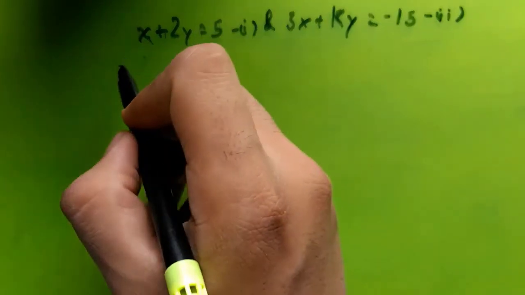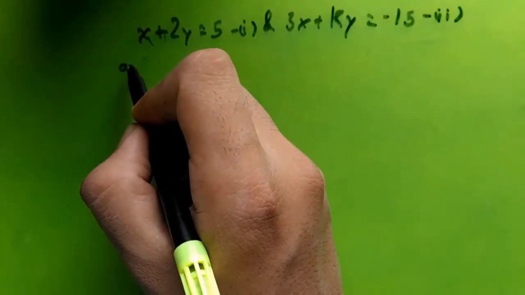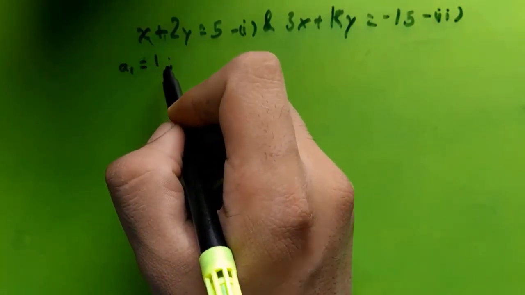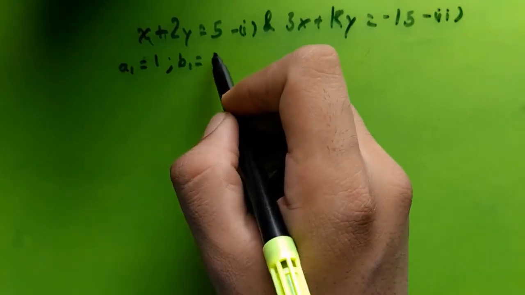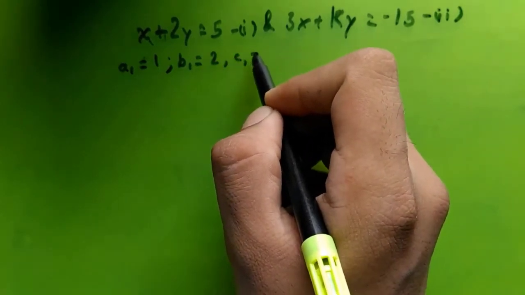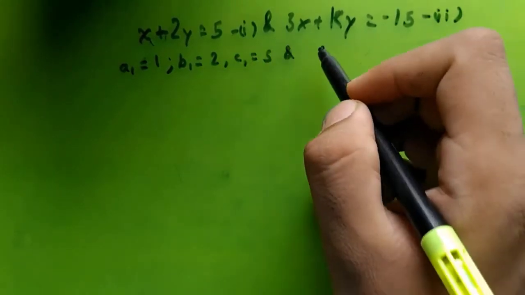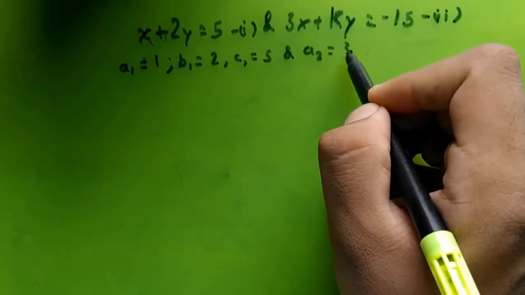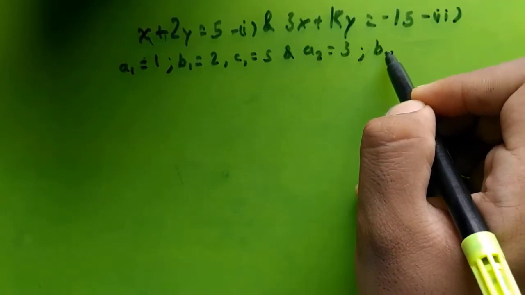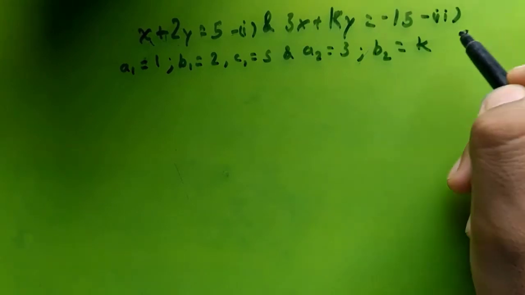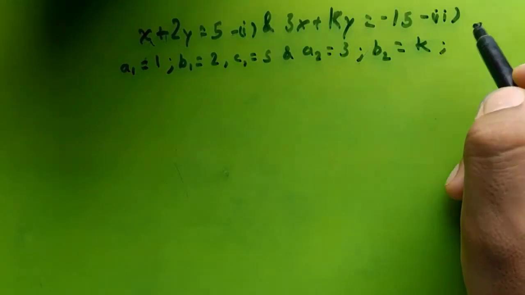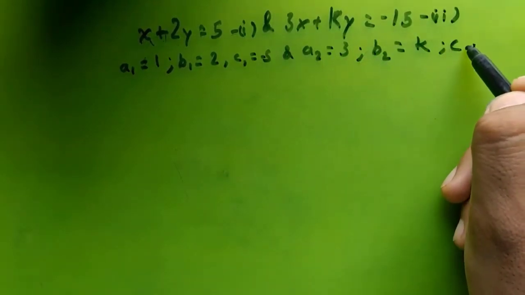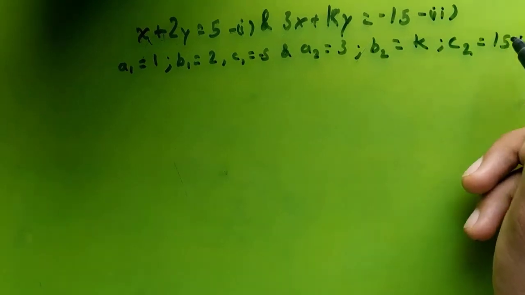Therefore, we know that in the first equation a1 is equal to 1, b1 is equal to 2, c1 is equal to 5, and in the second equation a2 is equal to 3, b2 will be equal to k, and c2 is equal to 15.